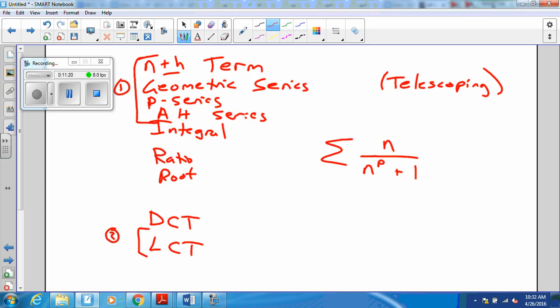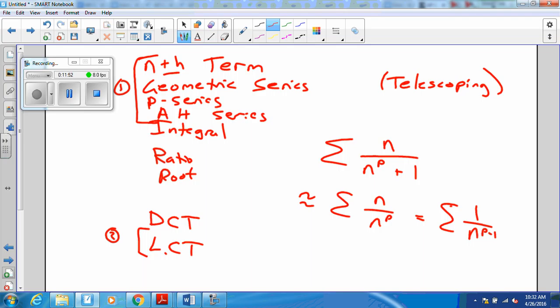If I reduce this to its end model, then I can quickly and easily determine that this is comparable, with limit comparison, to a P-series. So that makes life easy.